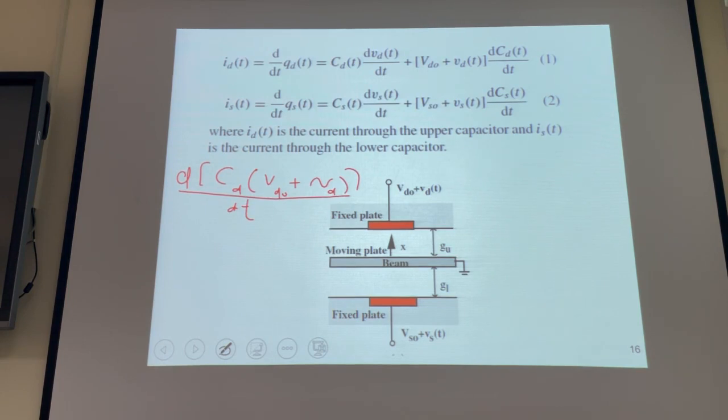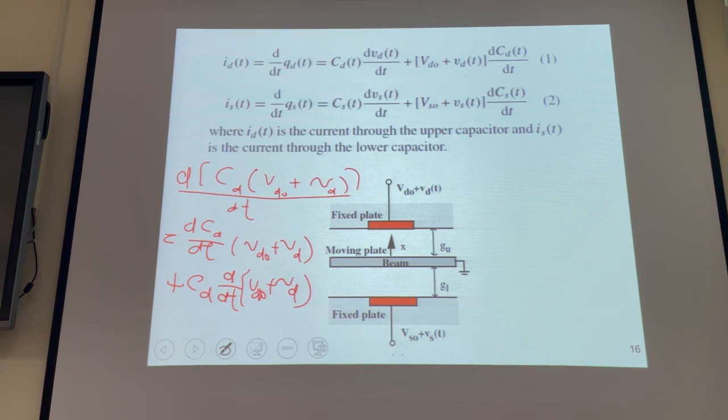Doing the differentiation, the first item is dC/dt times VDO plus VD. Then plus, the first item being constant, the second item is dVD/dt. But you see they just keep the VD here.